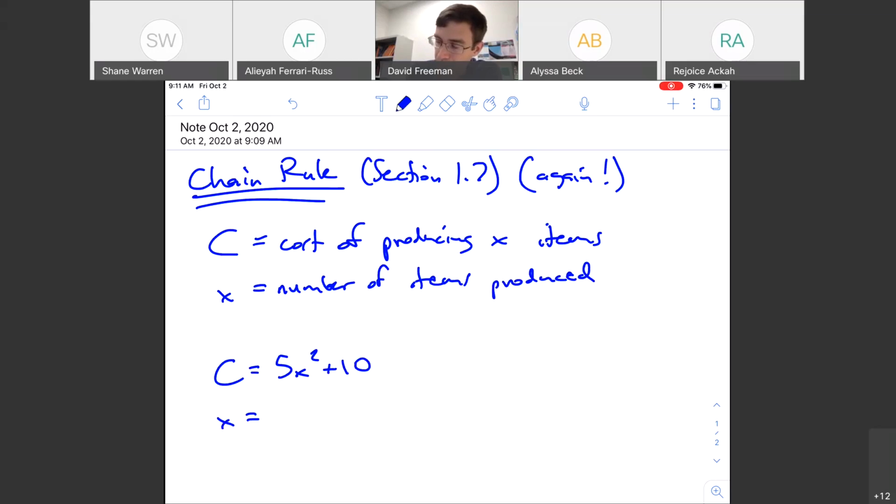And X was a function of time, like 2t plus 100.